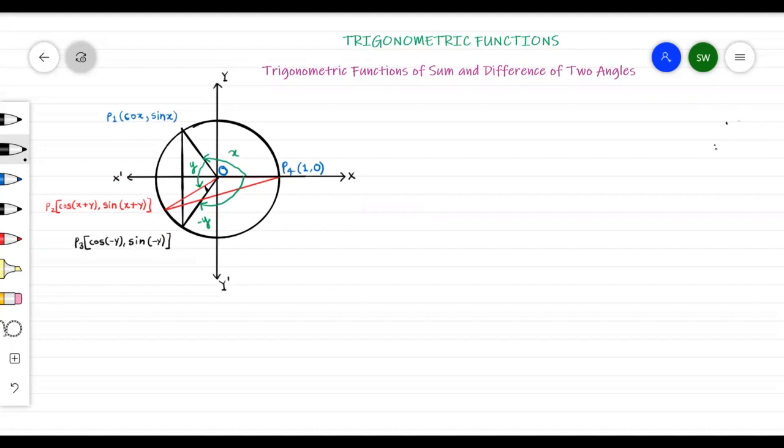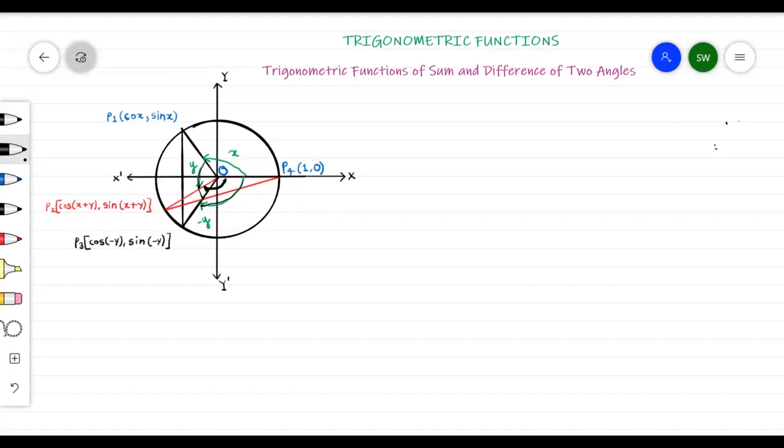In P3OP4 also, this is minus y and this is y, and the same angle is added here. Therefore, this complete angle in triangle P2OP4 and in triangle P1OP3 are equal angles.